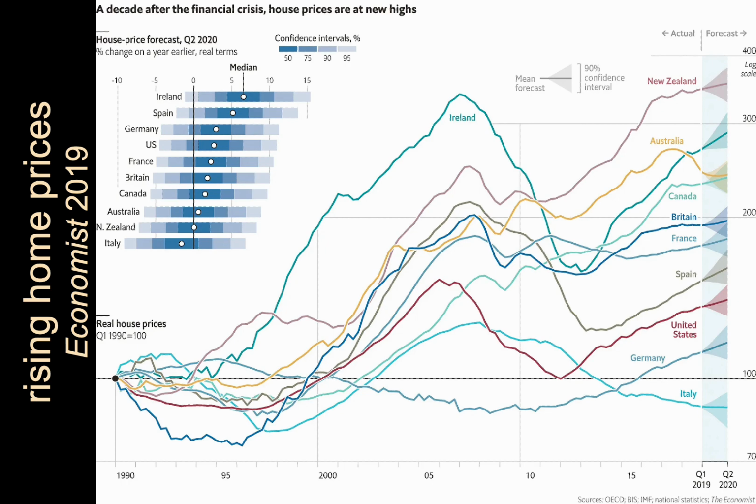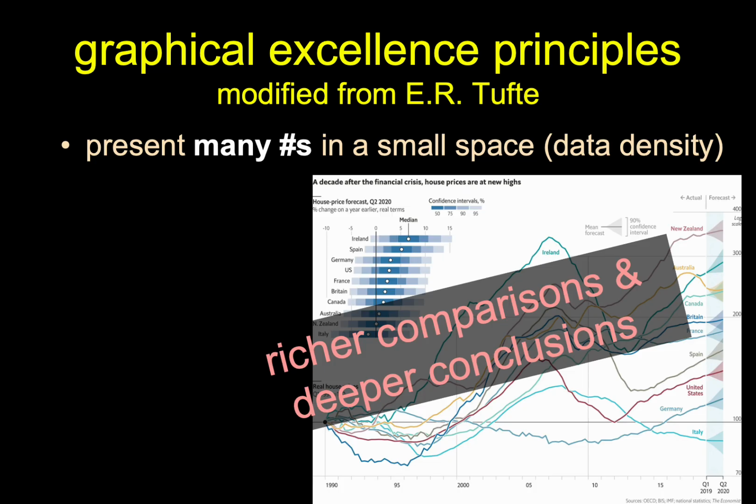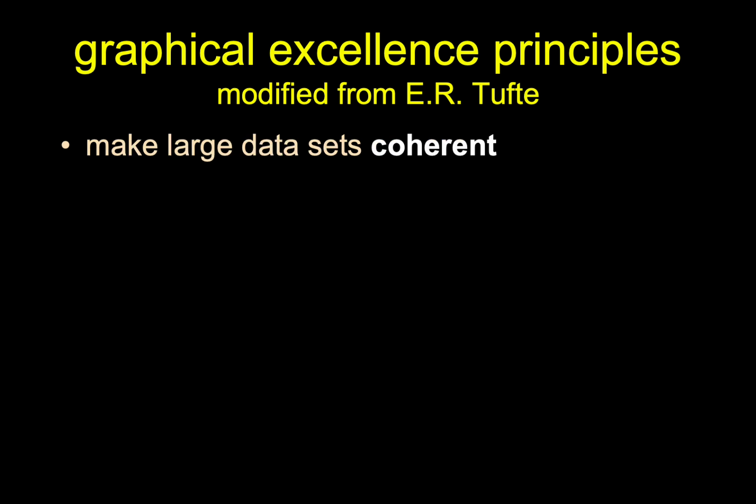And it's like, I don't know, you go look. I gave you the data in a format that you could start to ask. Did they all follow the same trend? Or are some going this way and others going that way? So that's an example of allowing richer comparisons and deeper conclusions when we have a lot of numbers in a small space. Okay.